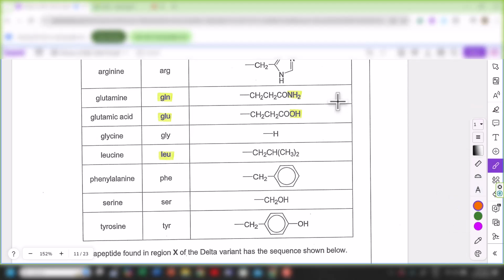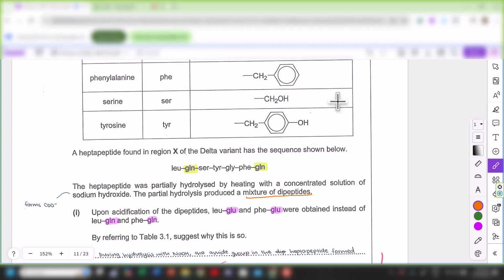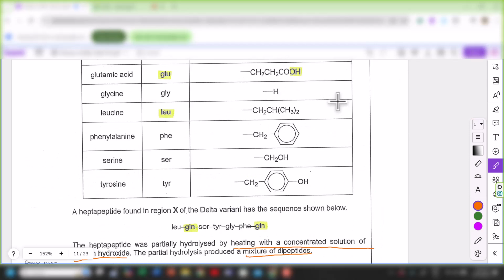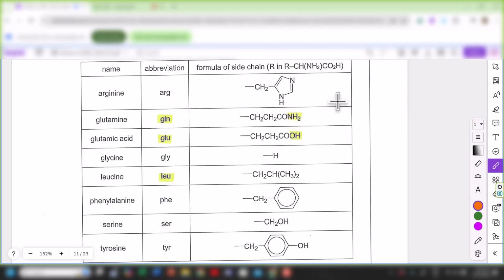It wouldn't come as a surprise, wouldn't you agree with me? Because I'm heating it with sodium hydroxide, then the amide will be hydrolyzed. So all you need to say is that glutamine is hydrolyzed, or the best answer, of course, glutamine undergoes alkaline hydrolysis to give glutamic acid.